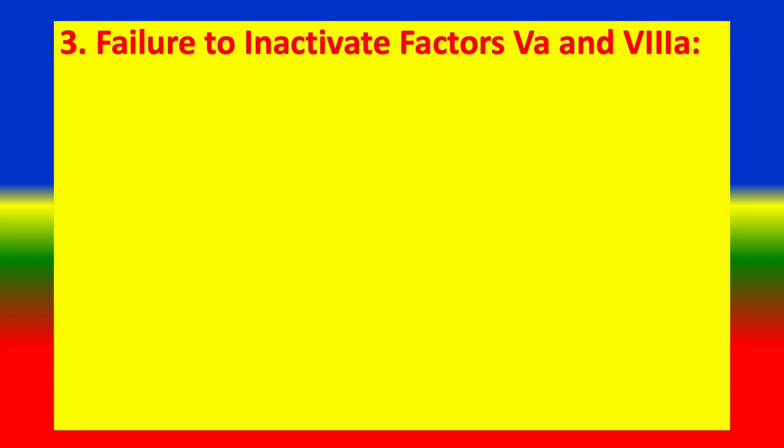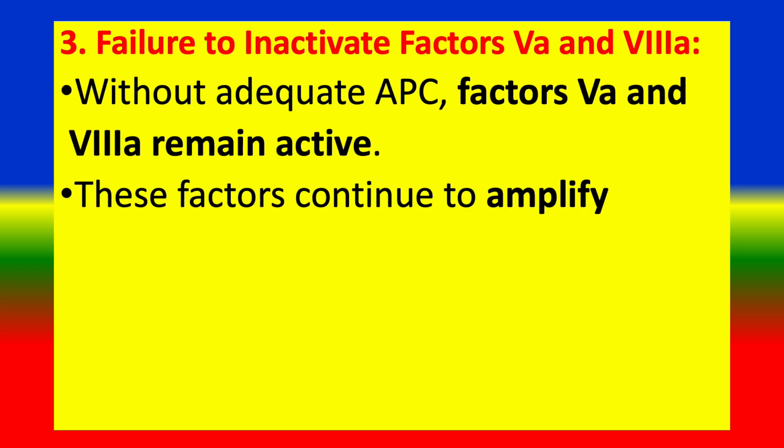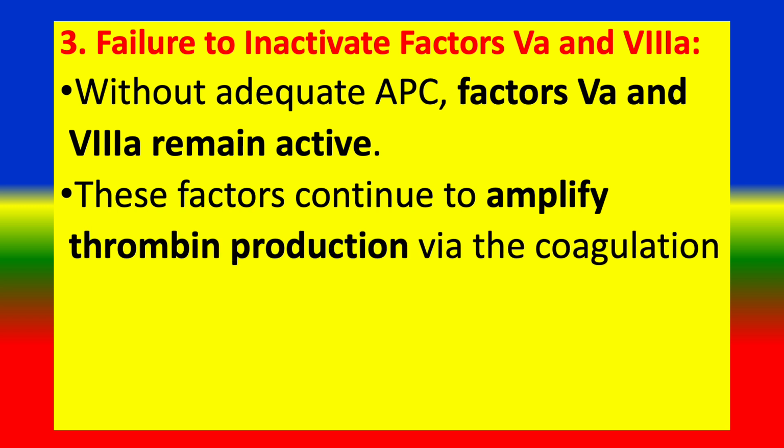Failure to inactivate factors Va and VIIIa. Without adequate APC, factors Va and VIIIa remain active. These factors continue to amplify thrombin production via the coagulation cascade.